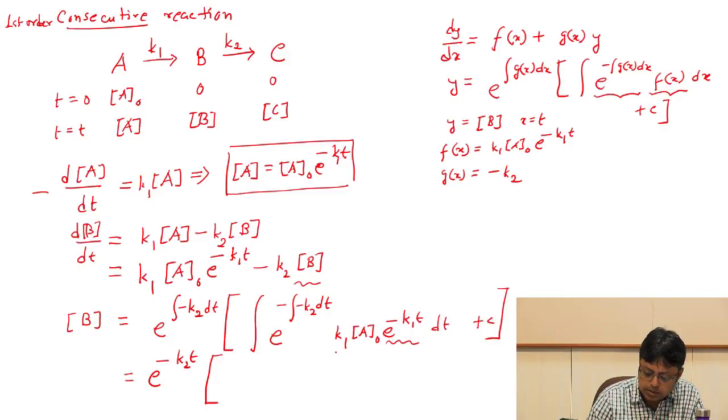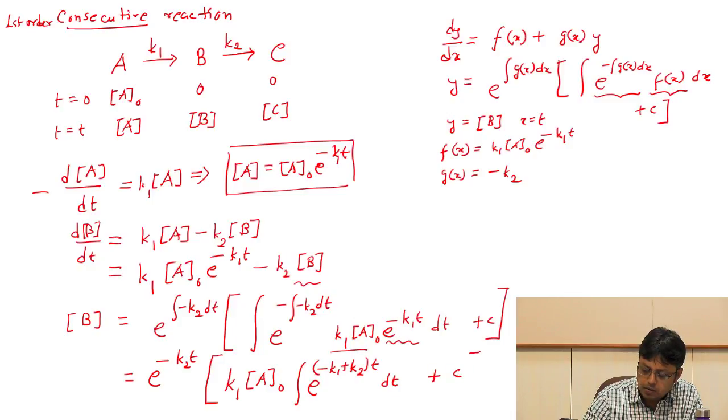Also there are some constants which I can take out of the integral, K1 into A0 into the integral of e to the power, remember it is now minus K1 plus K2, into t into dt, and then I'll also have a constant of integration.